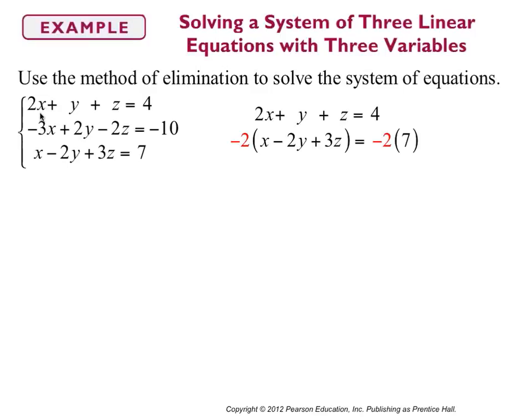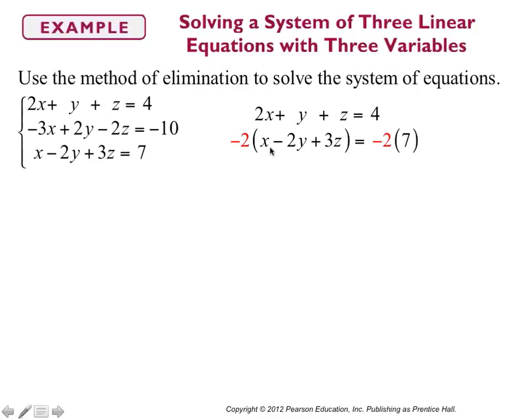Again, there's no really right or wrong way to go about this. You could easily decide to eliminate something else. But let's say we want to eliminate x and we want to use the first and the third equation. If we keep the first equation as 2x plus y plus z equals 4, and we multiply the last equation by negative 2, then we have to multiply both sides by negative 2.